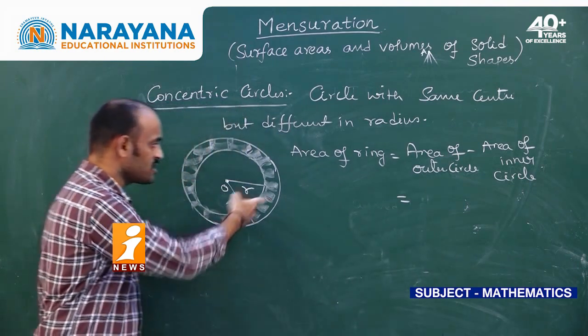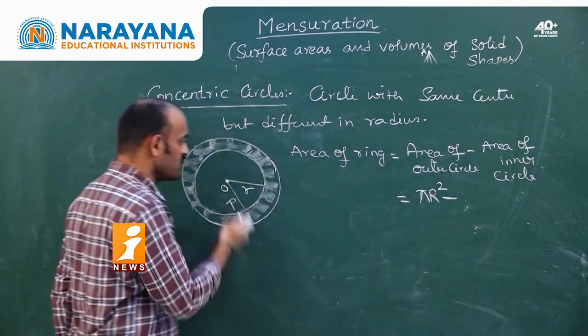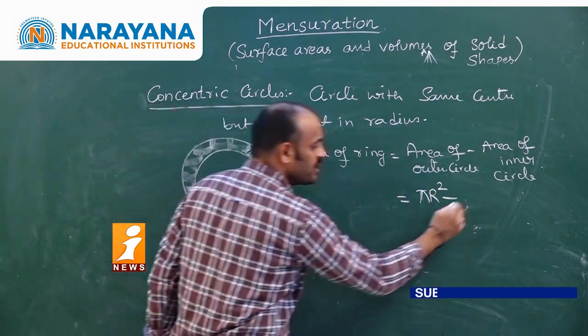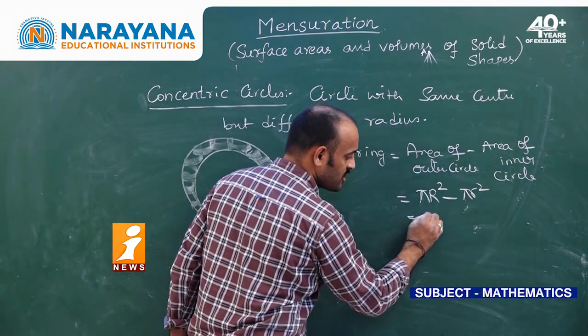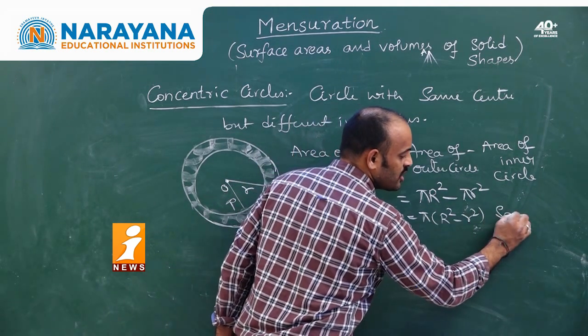So what is the area of the outer circle? Pi into capital R square. Minus, what is the area of the inner circle? Pi into small r square. Therefore, pi into capital R square minus small r square, square units.